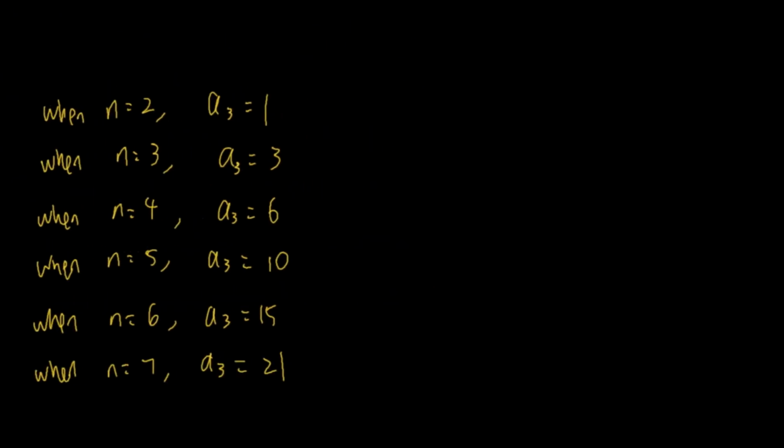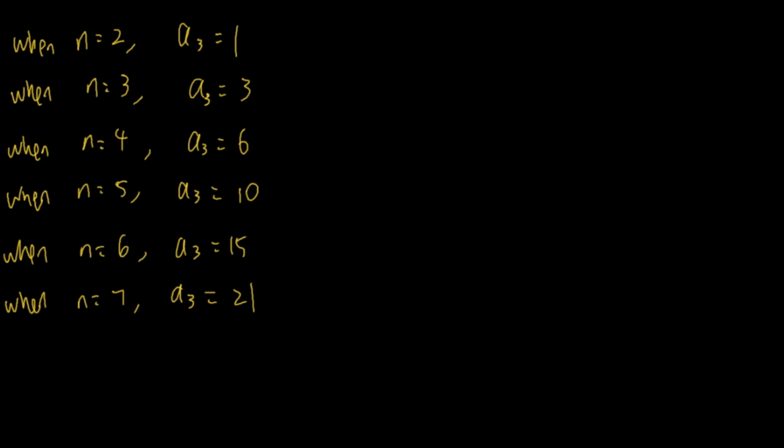Let's start with the first one. We know that n is equal to 2, a3 is equal to 1. In this case, n minus 1 gives you 1. So we can say that a3 is n minus 1. But is that it? Can you just do it like this for the second term? If n is 3, then n minus 1 is 2, but a3 is 3 here, so that's not the case.